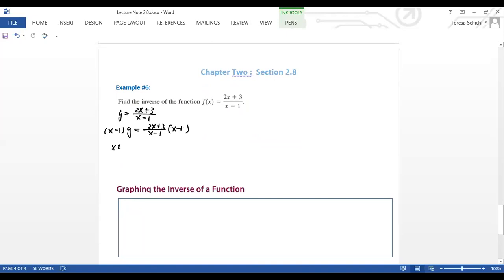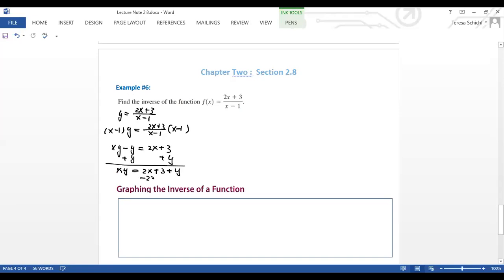So you get xy minus y is equal to 2x plus 3, right? Okay, so now what I can do is plus y. All right, so I have xy equal to 2x plus 3 plus y, right?